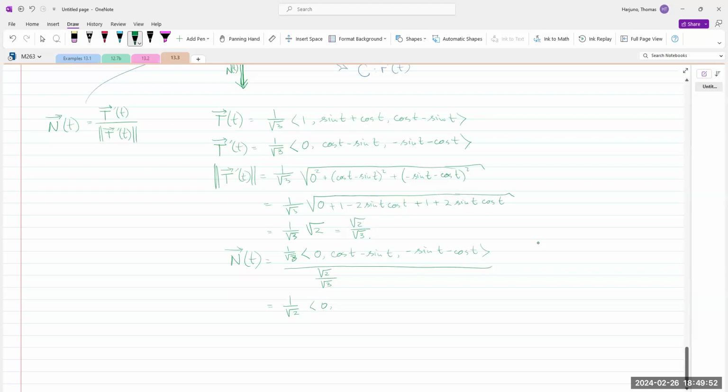So notice that the unit normal vector for sure, this is just a remark, must be parallel to T prime t, but the length is 1, right? Okay, that's why notice that we basically maintain this part here, but we make that length to be 1. So the length of this vector here is radical 2. To make it unit, we divide by the length, which is square root of 2.